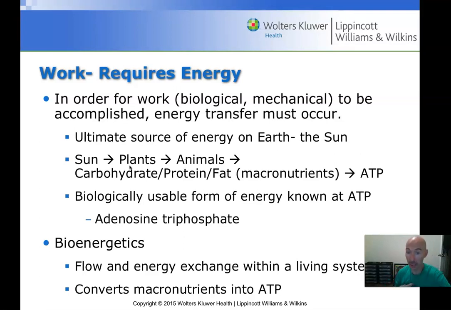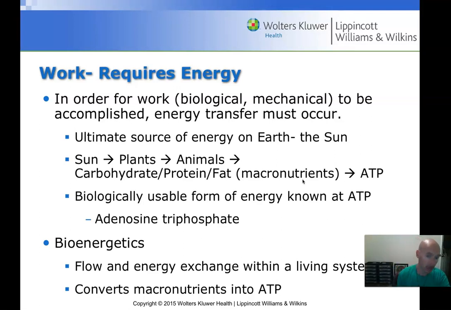Now, we could directly eat those plants, therefore consuming the carbohydrate, which we identified earlier as a macronutrient. And then inside our body, that carbohydrate can be converted into ATP, which I previously defined for you all as the biologically usable form of energy, okay?